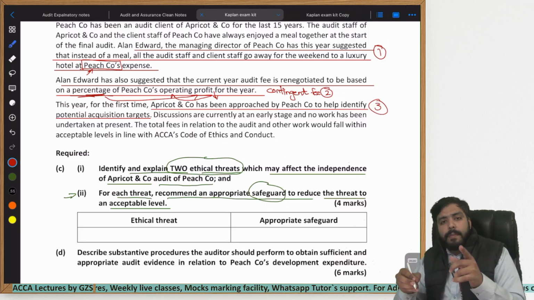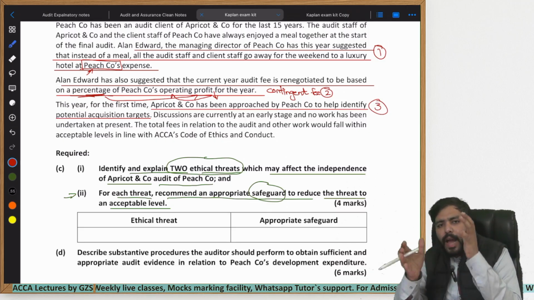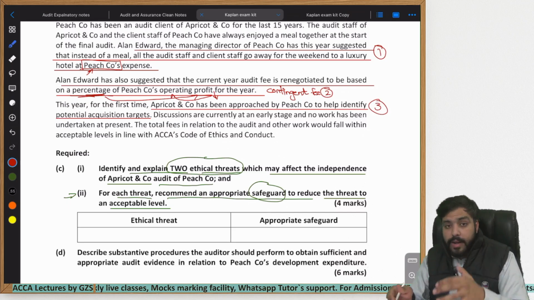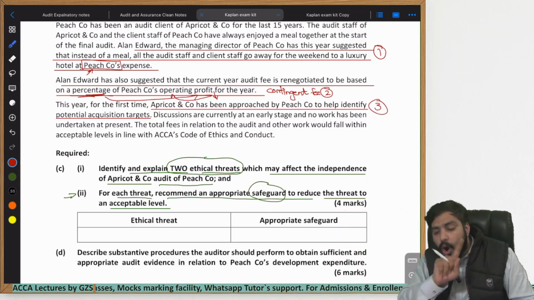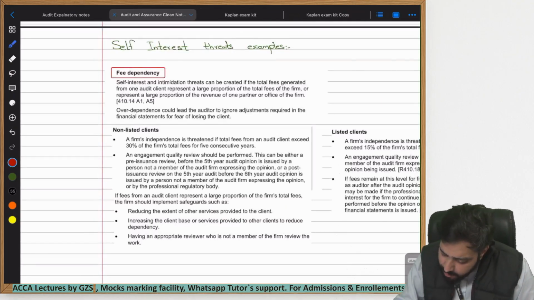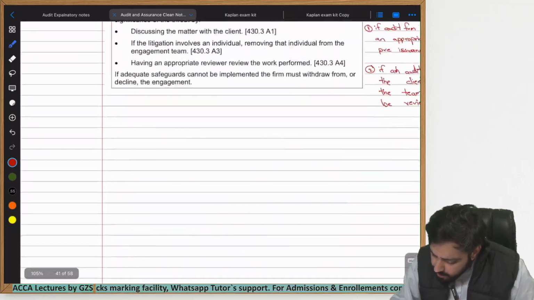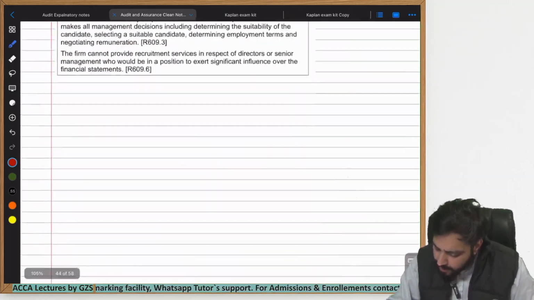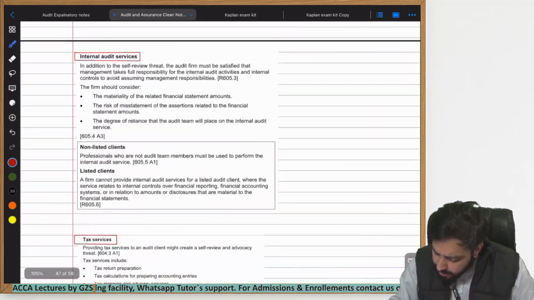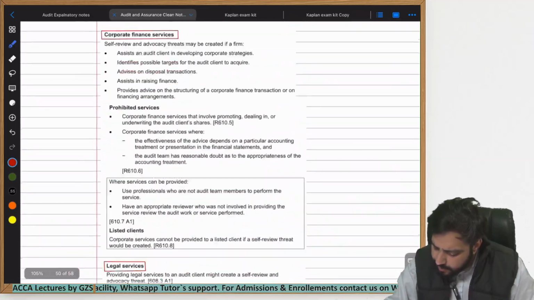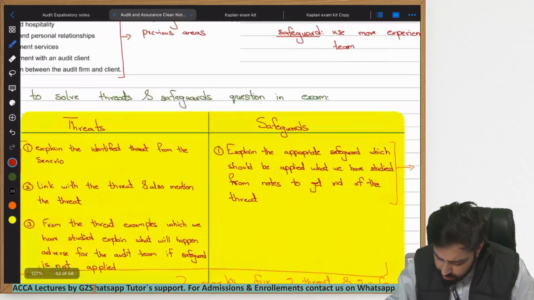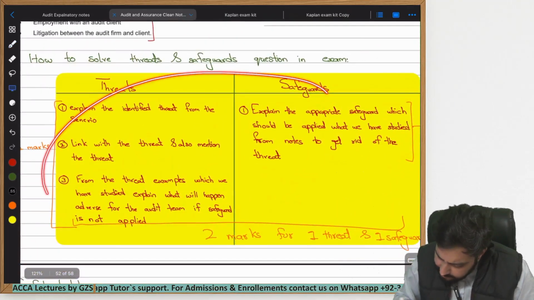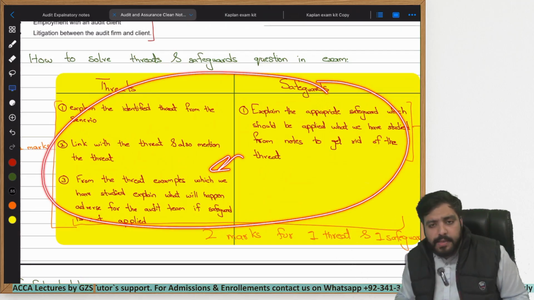Now, always remember, if you have identified two different types of threats, like for example, in this case, we identified that this creates an advocacy and a self-review threat. This does not mean that you can create two separate answers for this specific one. In one answer, you will write down the advocacy threat. In the other answer, you would write down the self-review threat.